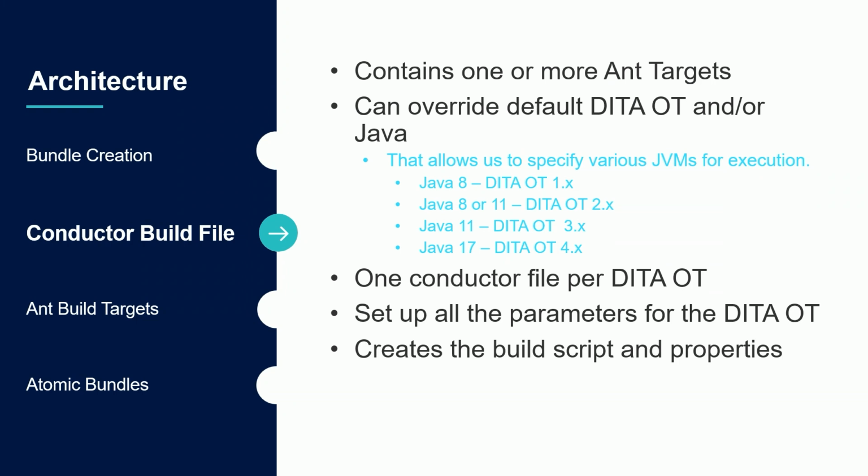a separate conductor file. And this is essentially similar to a build file that would be part of your plugin, right? So some of this stuff you could, in theory, do as part of your own build file, and call the Open Toolkit, or just call the command to run the HTML later on.